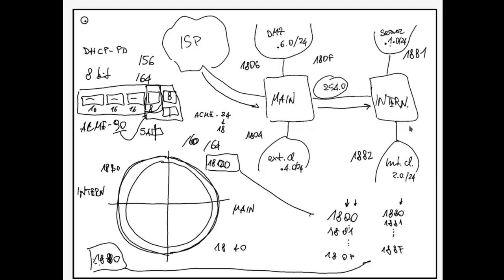So we will start a DHCPv6 server on the main, and we will delegate a /60, that will be exactly 18.8.0. Okay, one single /60 that will host all the networks in our internal firewall.